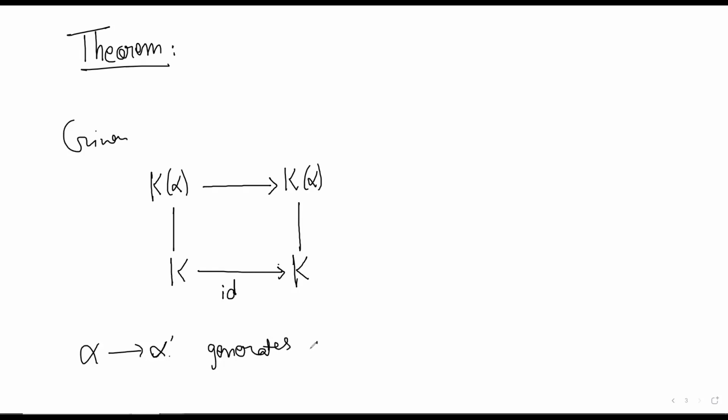But soon you will just write is an automorphism, because the word generate here doesn't really lend anything. Once you know that it generates an automorphism, then its value is lost. Then we just use is an automorphism. Okay. Generates an automorphism.